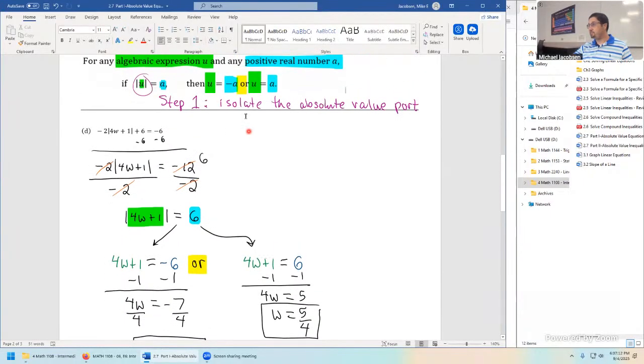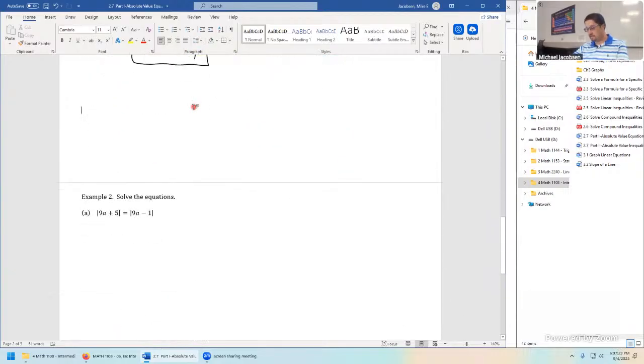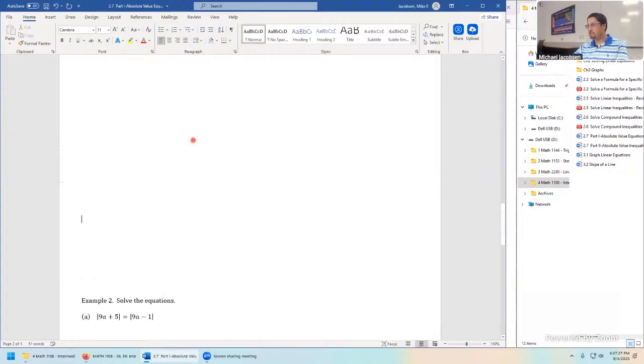This is the problem that we left off on. Now let's do another one of these just for a warm up as well. So here's part D. Occasionally in the notes, we'll just invent a new part if it feels like a good problem to do as a warm up before we start class.